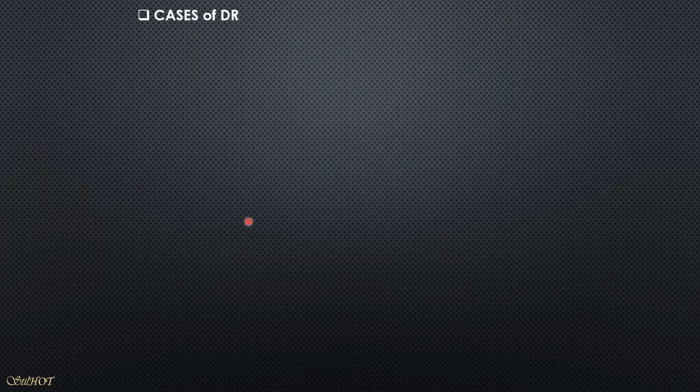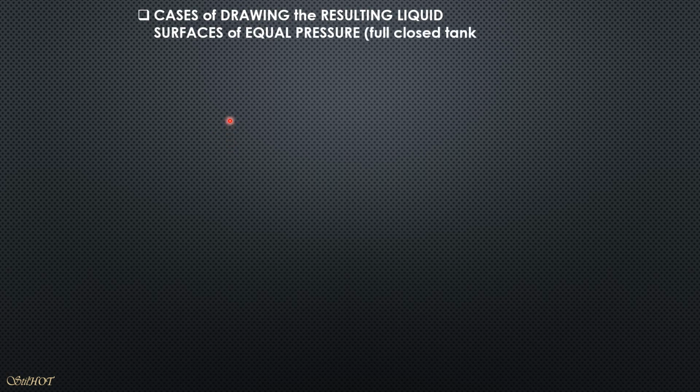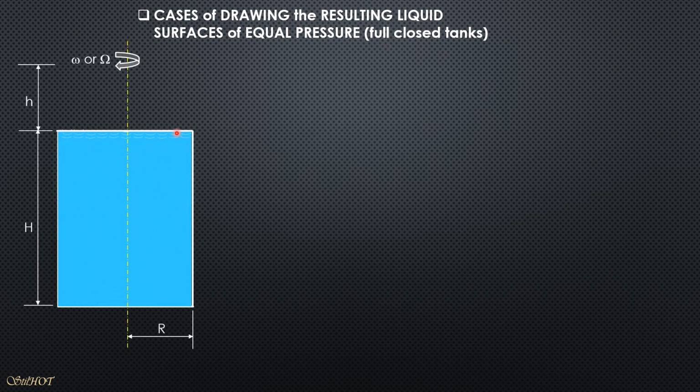So in these cases, let's continue, this time for closed cylinders or rotated vessels, fully closed tanks. If the initial pressure at the top is 0, then this will be the imaginary parabolic surface. It passes through 0 pressure, so all points on this surface will have 0 pressure also.